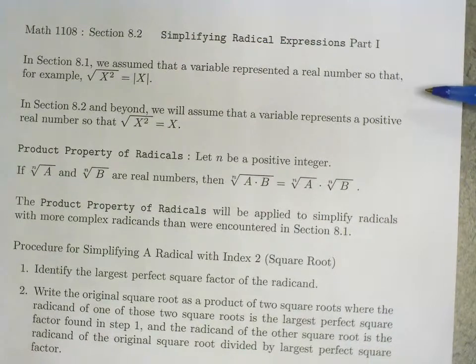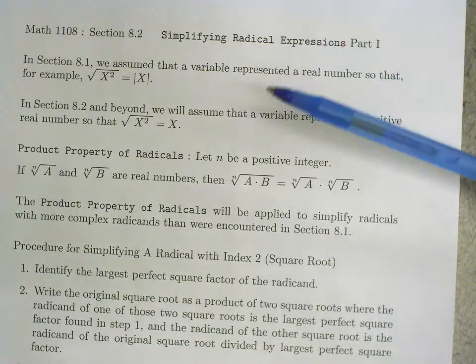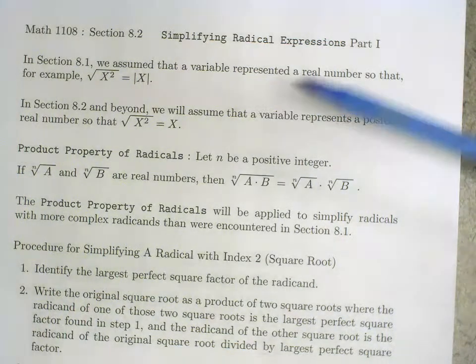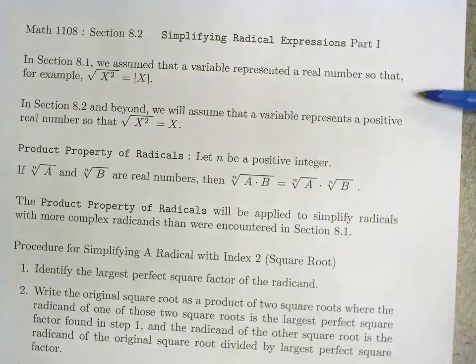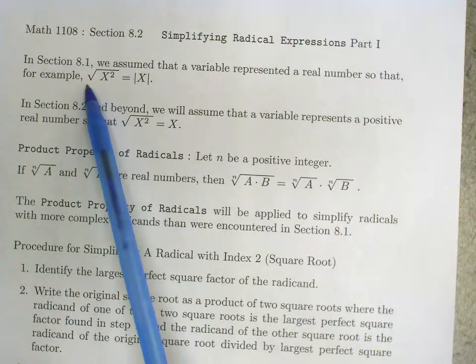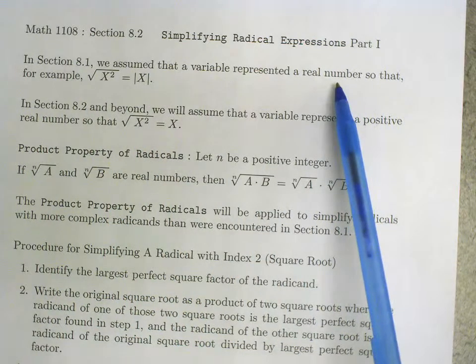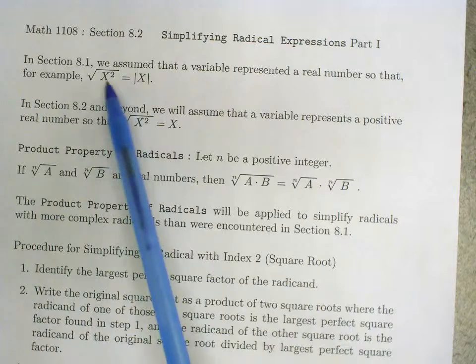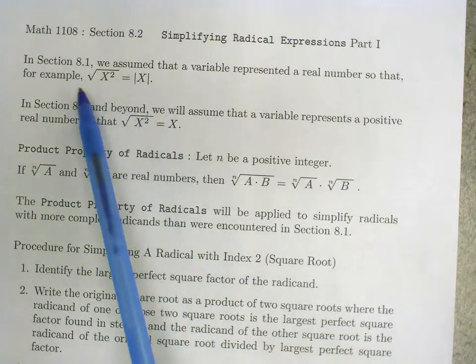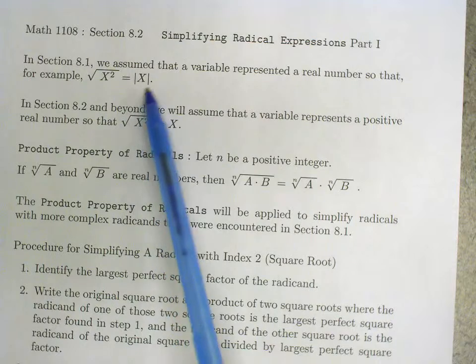You might remember in section 8.1, we assumed that a variable represented a real number, so that, for example, the square root of x squared is equal to the absolute value of x. Since this is a principal square root, its value has to be positive. So if x is a negative real number, x squared is positive, and the positive square root of a positive real number must be positive.